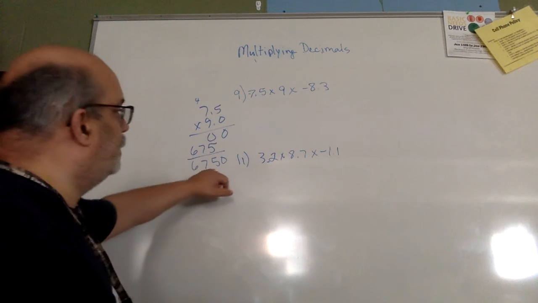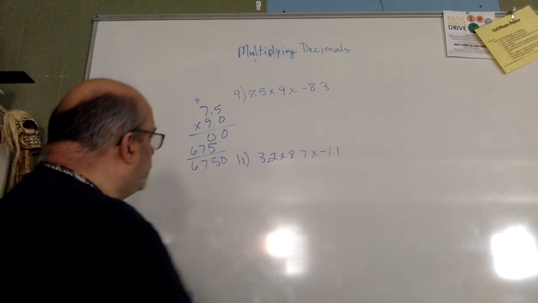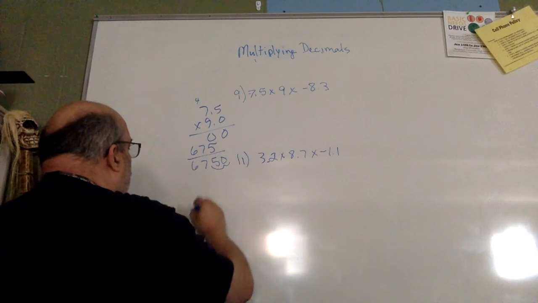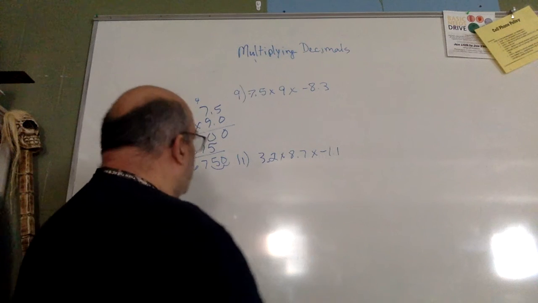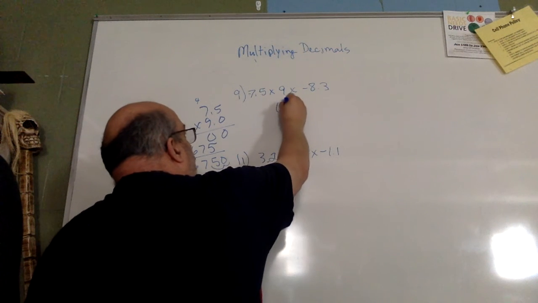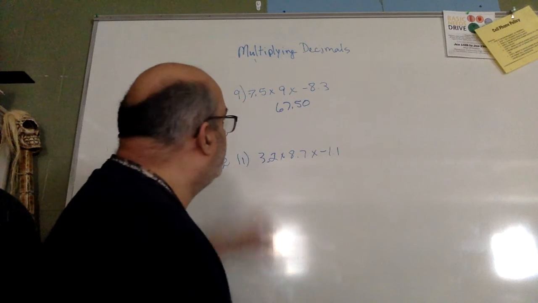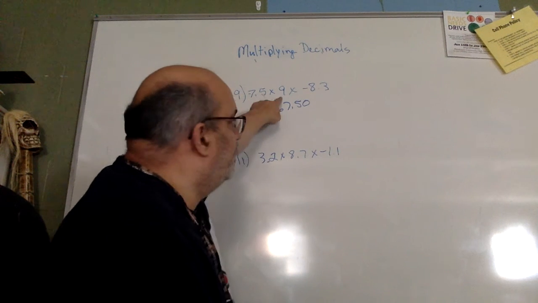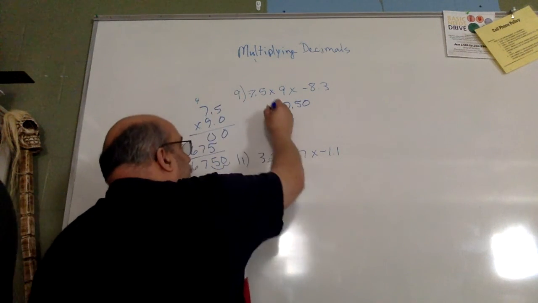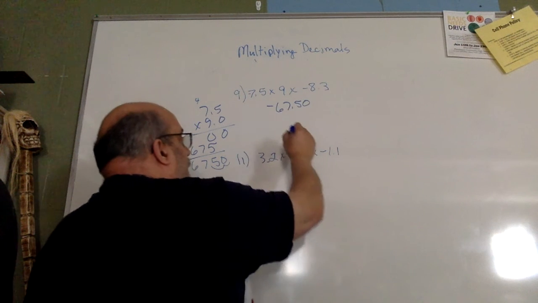I have 6750. I have 2 decimal places. So my new number is 67.50. I have a negative and a positive. They're different, so negative.